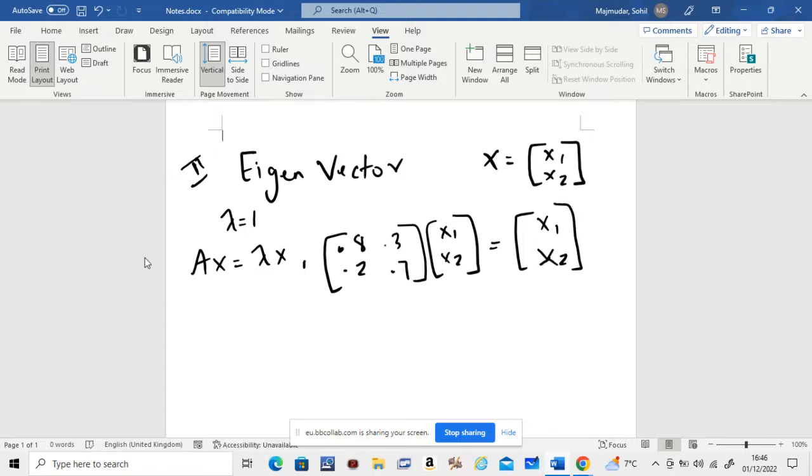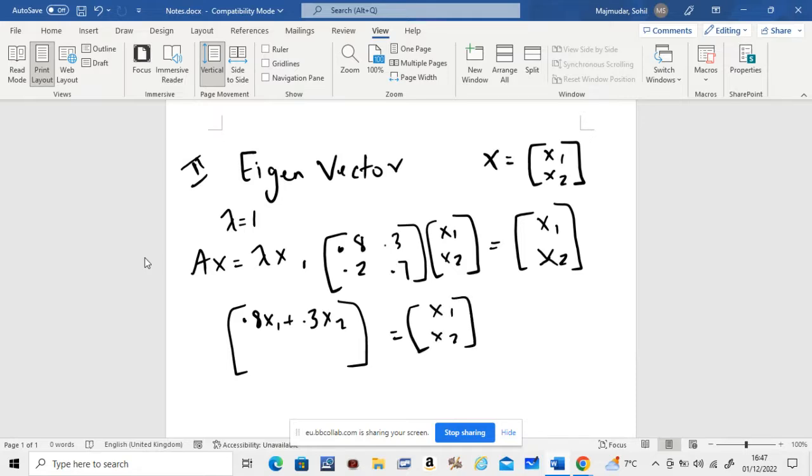Okay, now simplify the left-hand side and make it equal to the right-hand side. We get 0.8x1 plus 0.3x2, if you multiply this row with that column. And the right-hand side is still x1, x2.